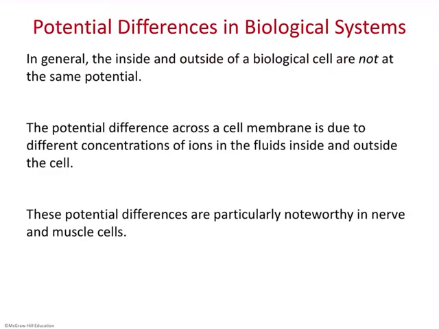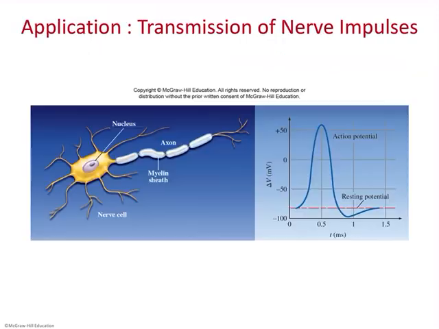The potential difference across a cell membrane is due to different concentrations of ions in the fluids inside and outside the cell. Those potential differences are particularly noteworthy, it says, in nerve and muscle cells. It's just showing you that these nerve cells are going to have this high potential.